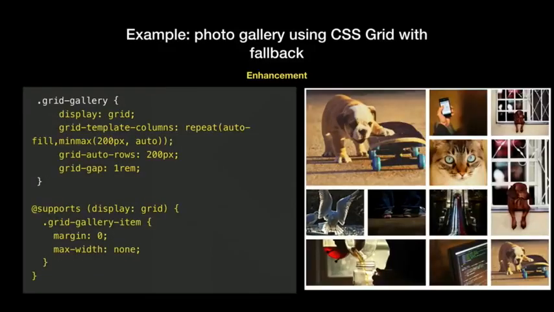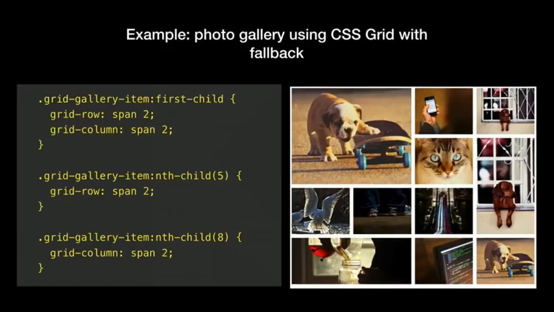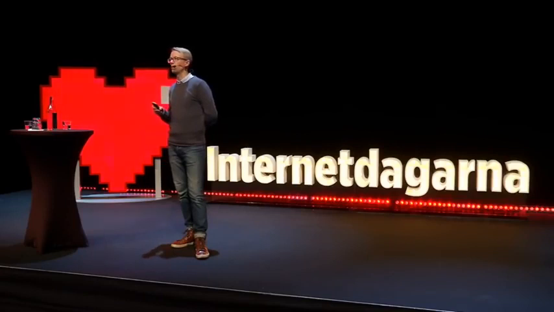And then I can enhance it with CSS Grid by defining the grid and then adding a few additional styles to the elements I want to span multiple columns or rows. And in this example, I'm using auto placement, which is the default way CSS Grid works. If you don't set a specific place for an item on the grid, it will just go to the next cell on the grid available, which is very handy for cases like this where you don't necessarily know how many items you have beforehand.